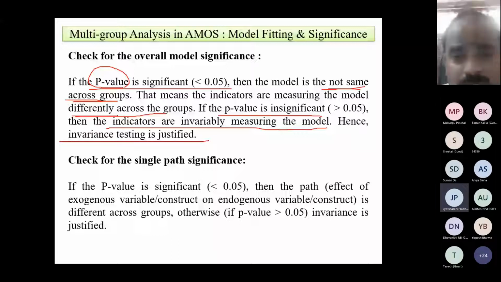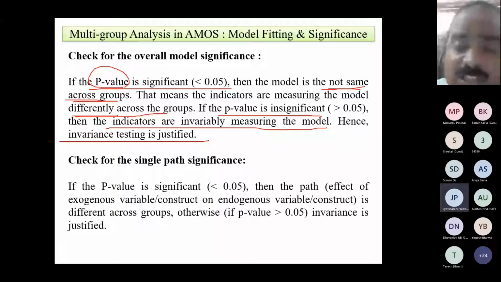The p-value should be more than 0.05 in order to say that the indicators are measuring the construct invariably, similarly, in the same magnitude, or do not differ significantly over male and female.